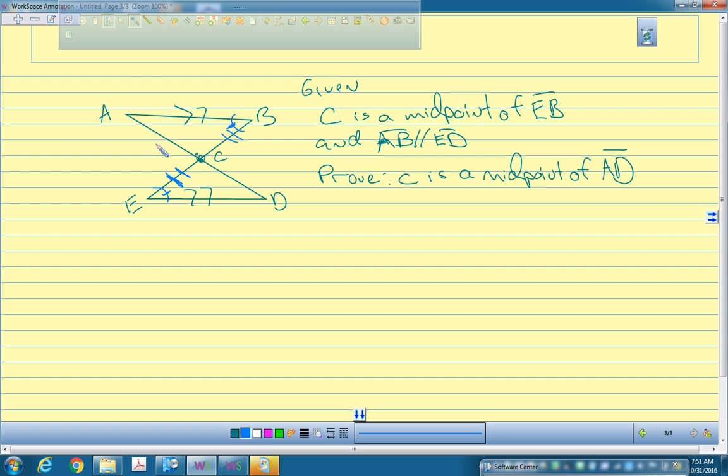You could also use this one and this one, because these are parallel, so this angle here is also congruent to this angle here. So I should put 2 marks on those to indicate that those are congruent. So could I prove that this top triangle is congruent to this bottom triangle? By what?